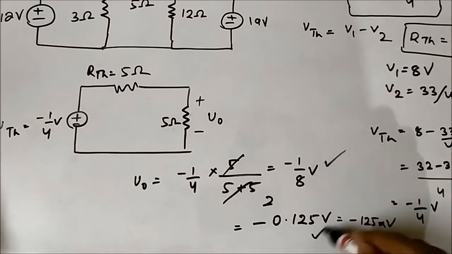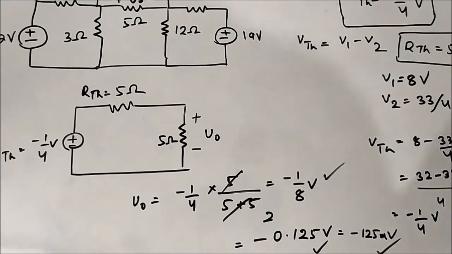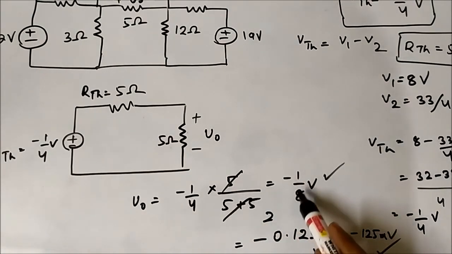This is also correct, right? So V0 is minus 1 by 8 volts.